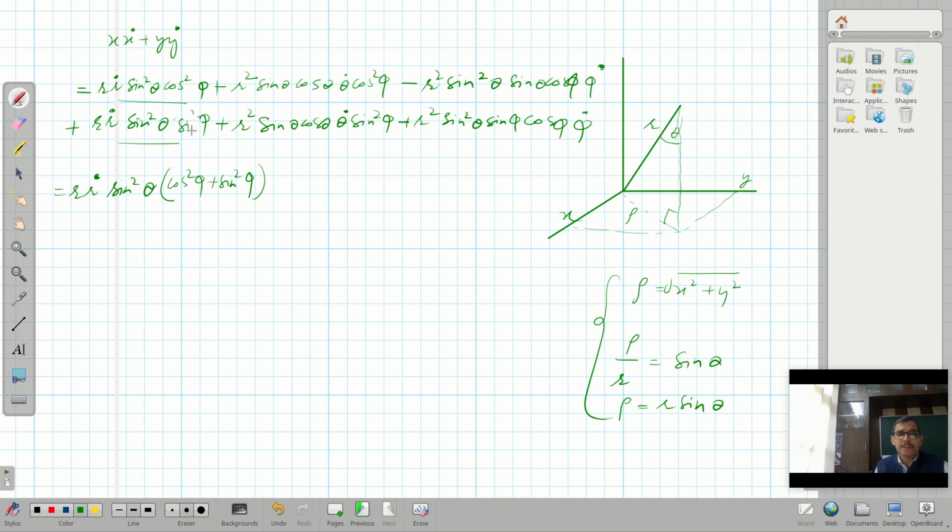So it is sine square theta, and here it is plus r square sine theta cos theta theta dot, it is cos square phi minus sine square phi, and here it is r square sine square theta sine phi cos phi phi dot, yeah, it is sine phi.